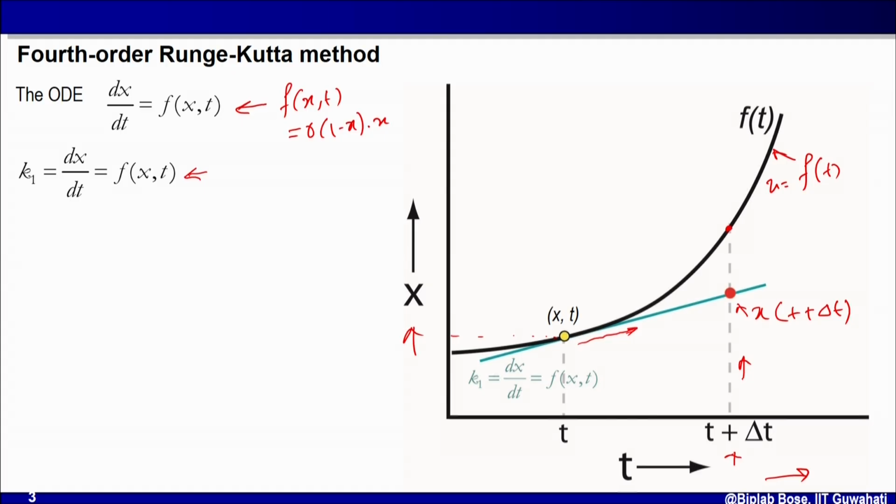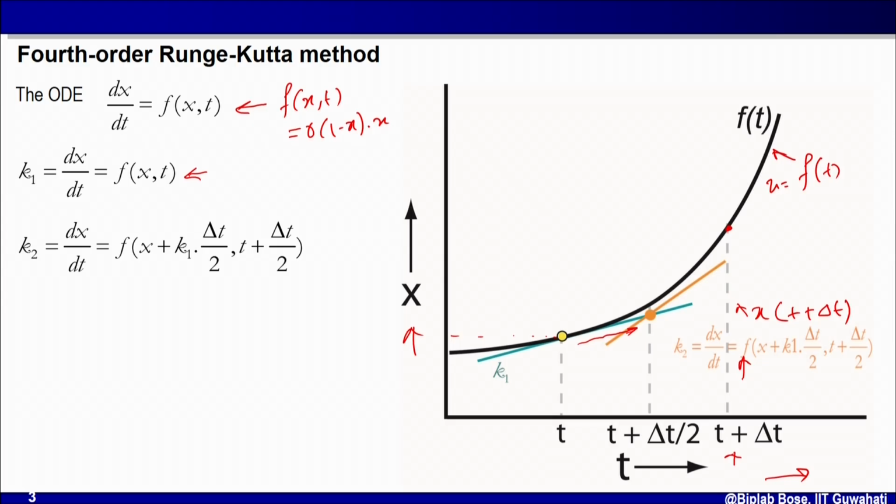Now, what if I do some modification? I extend this tangent at this yellow point along with a slope k1 up to the midpoint, that is up to t plus delta t by 2. So this is halfway, delta t by 2. If I draw a vertical line at t plus delta t by 2, that is the dotted line shown here, that intersects this blue line at this orange dot.